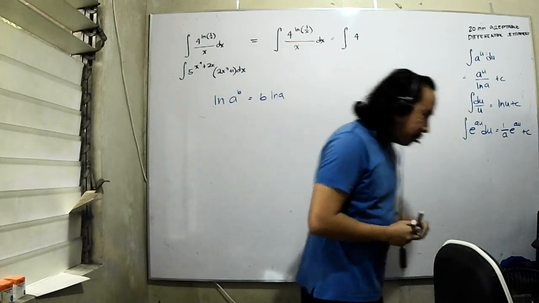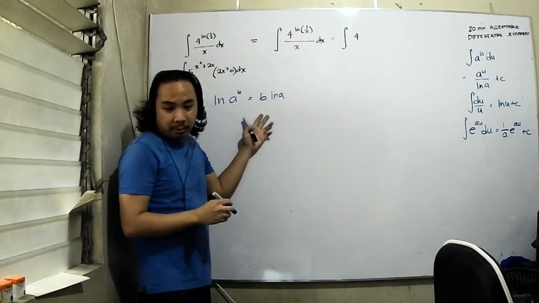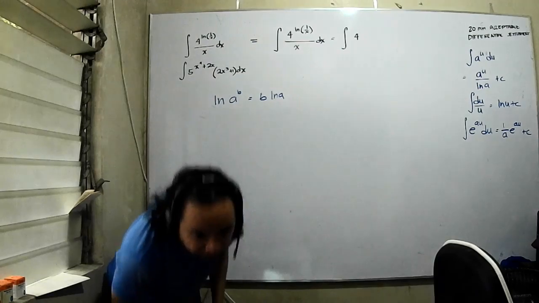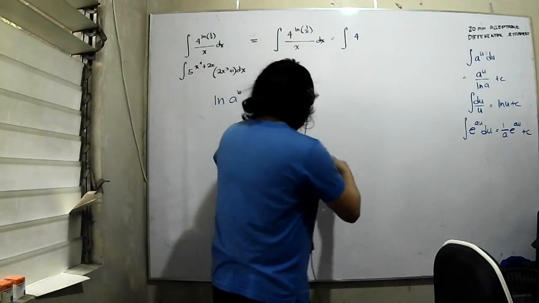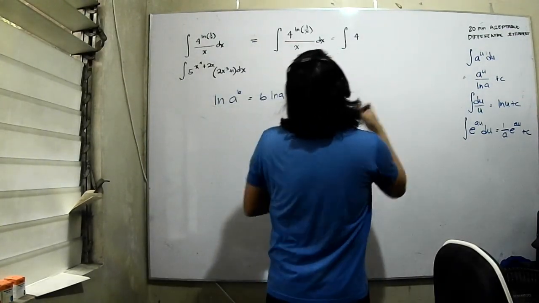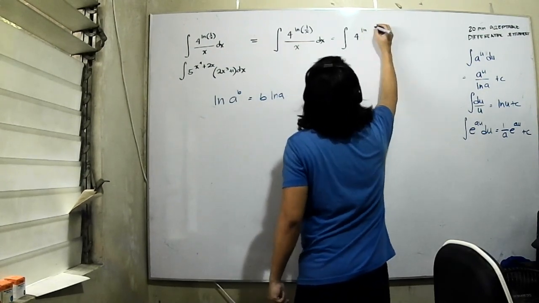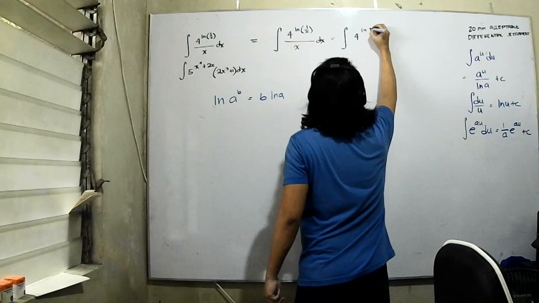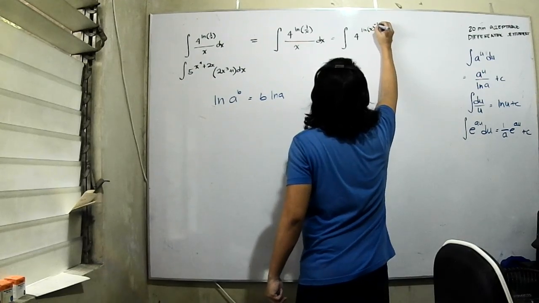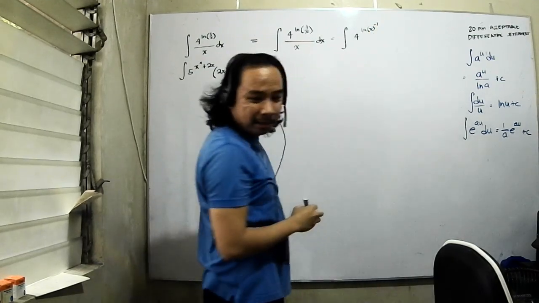Okay? So the general rule for these logarithmic functions: I will write ln x, but raised to the power of negative 1. Diba?